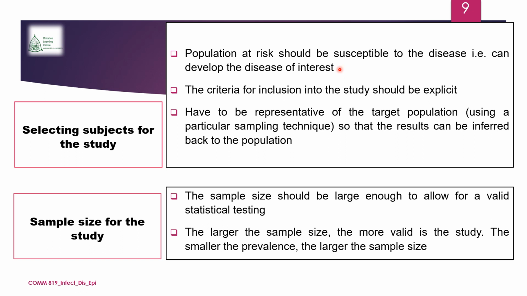If you are trying to sample people within a particular community that are exposed to chemical radiation or physical radiation, let's say at ABU main campus, you have to sample your subjects from ABU main campus. You can't go to Kaduna State University and begin to sample. So you have to sample your subjects from the location where the risk factor persists.